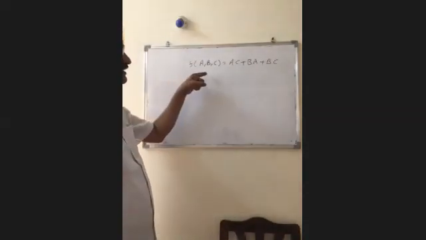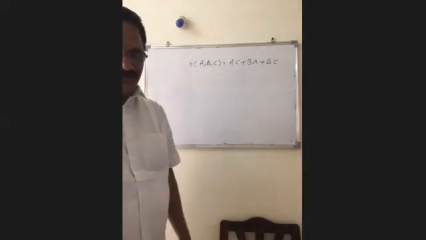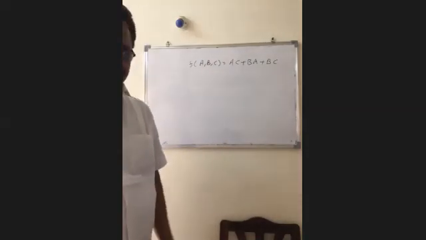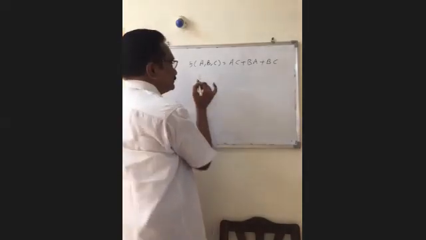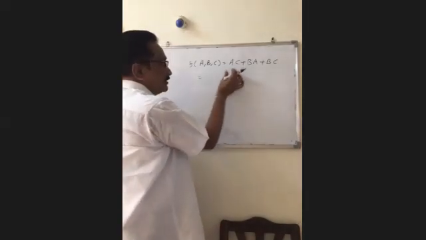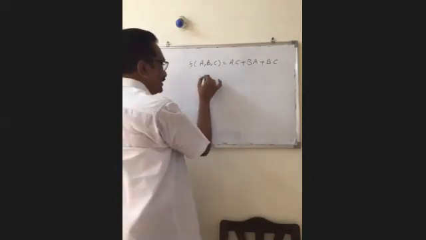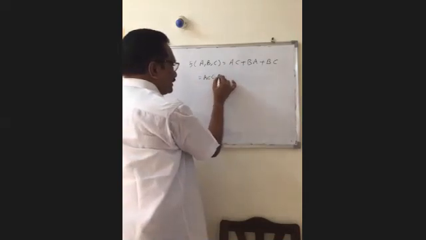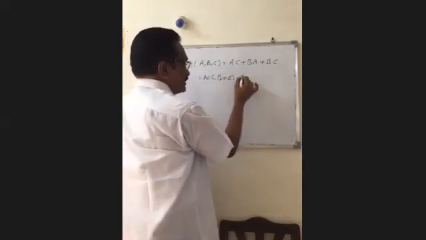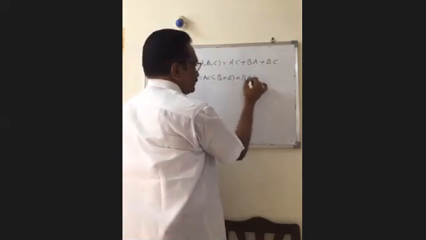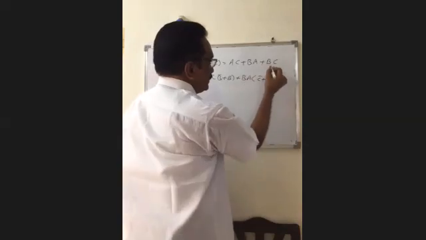To convert the given expression in standard SOP form into canonical form, what is the procedure? In this product term, variable B is missing. So we have to write AC multiplied by B bar plus B. In this one, variable C is missing. Write BA into C bar plus C. In this one, variable A is missing.